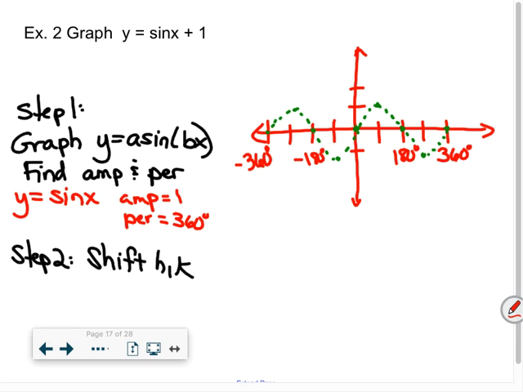Step 2, shift HK. This one is just up 1, correct? It's just up 1. So what I'm going to do is take every point that I plotted, and I'm literally going to shift every point up 1. So I'm going to go up 1, up 1, up 1, up 1, up 1.